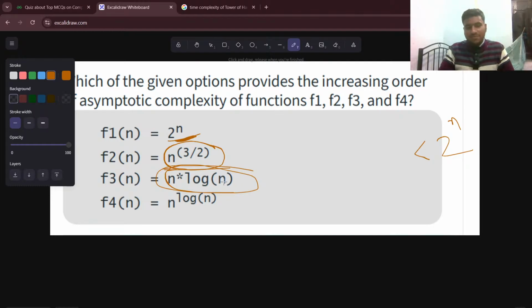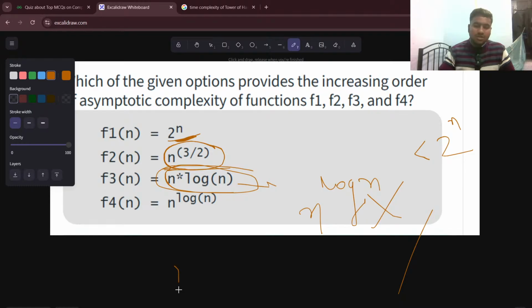What mistake was that? I assumed that this is n raised to power log n. But that is not it. This is just the multiplication of n with log n. Because of that mistake, I marked F2 as the lesser one, but the actual answer is that F3 is the lesser among all of them.